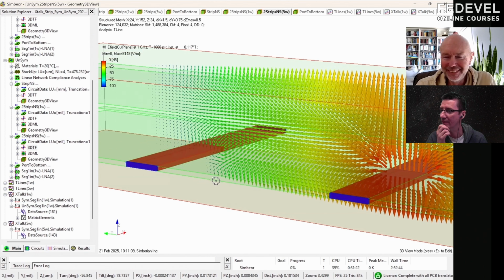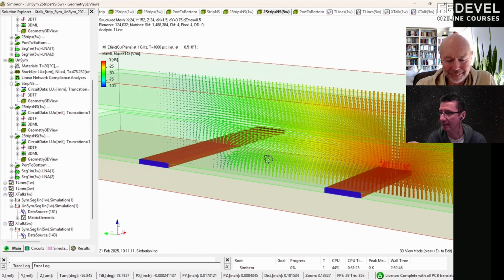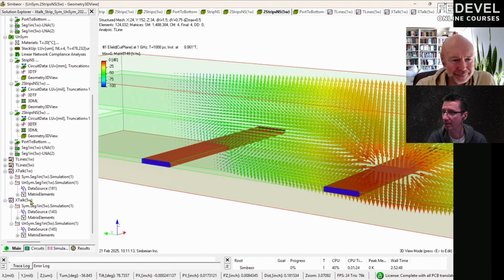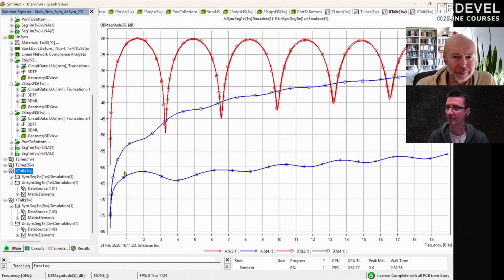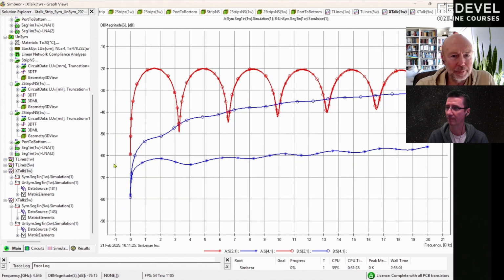Can we go back and see the graph? And is it possible to switch on there also the previous examples? Yeah, we can compare it with the previous example like this. This is our previous example.